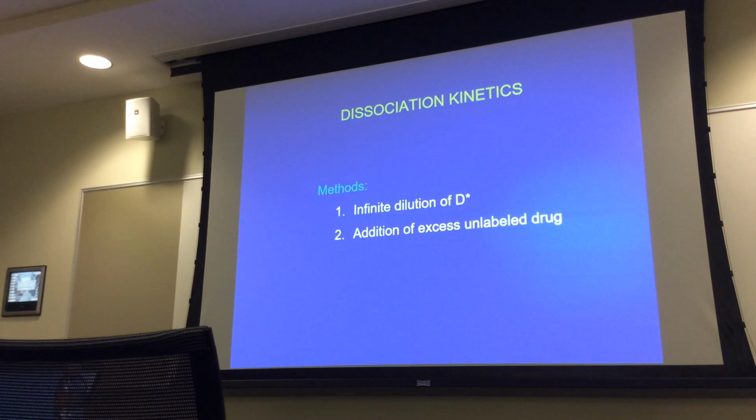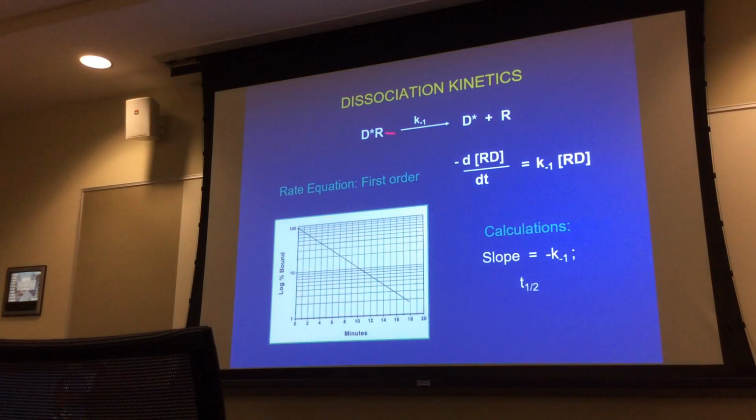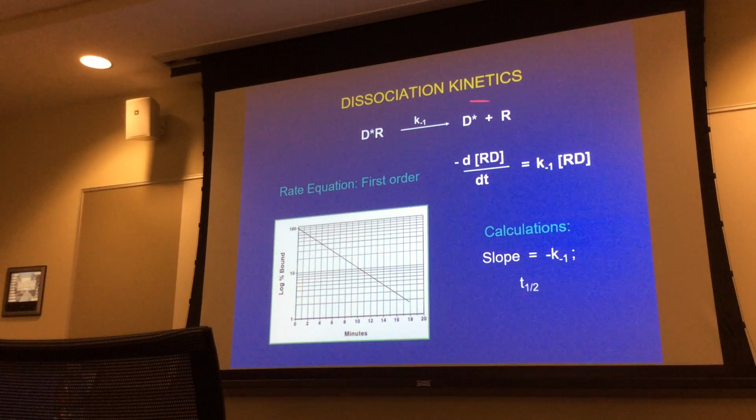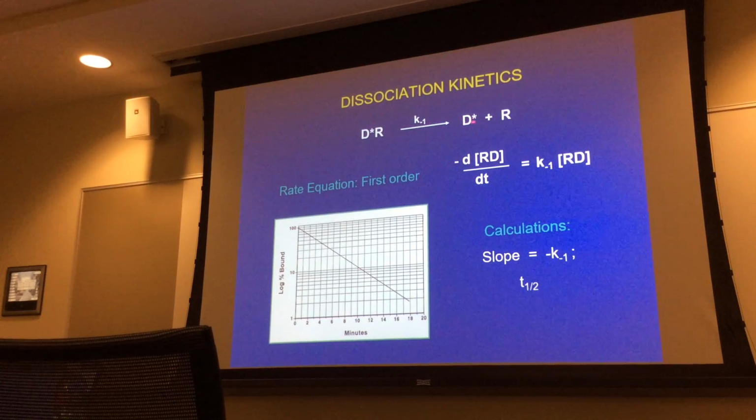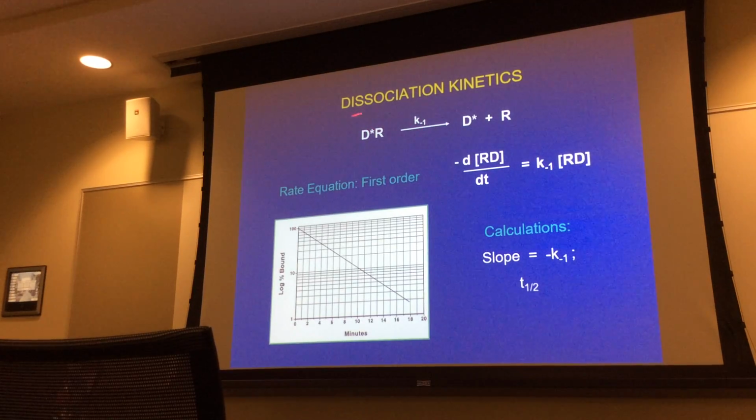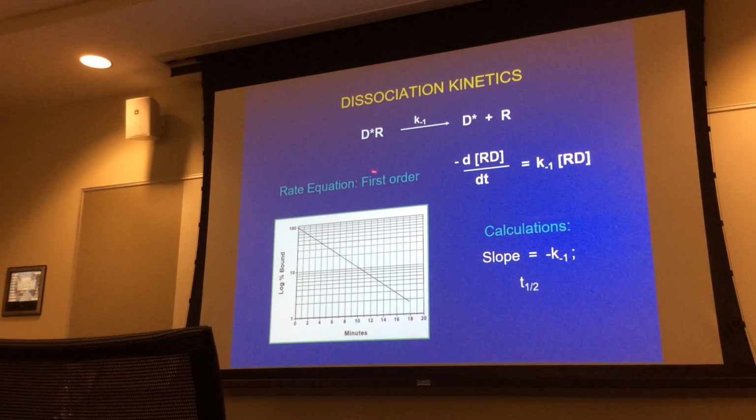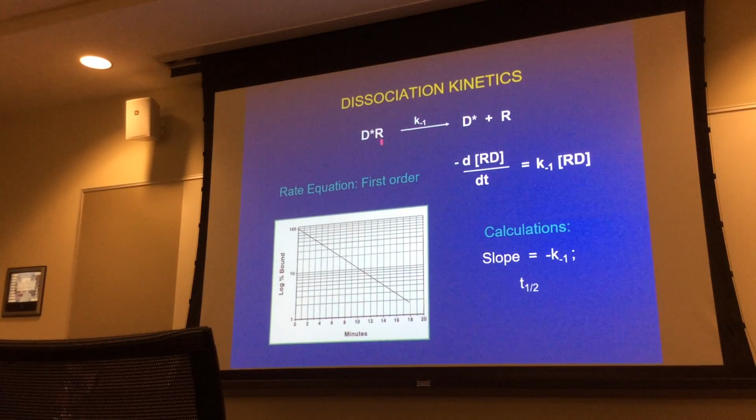And I'm going to skip the business of how you actually define this. Normally, you can do this experiment in the test tube by simply adding a very large excess of unlabeled drug to this reaction. So once again, you form a radiolabeled drug receptor complex, you let it reach equilibrium, and then you add a very large concentration of unlabeled drug.